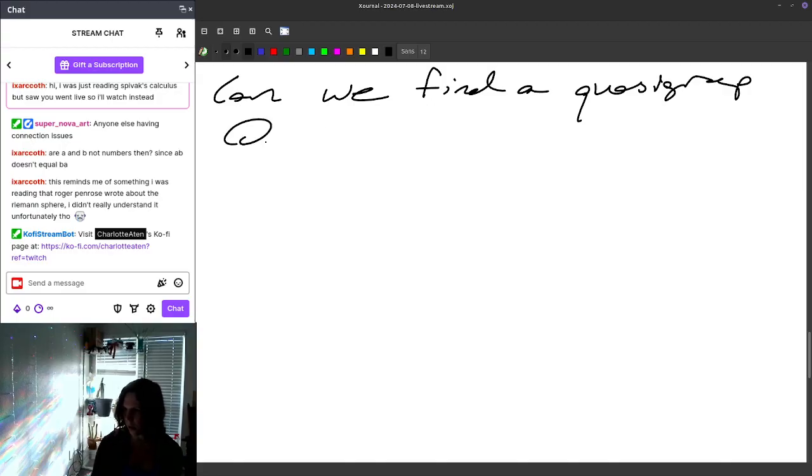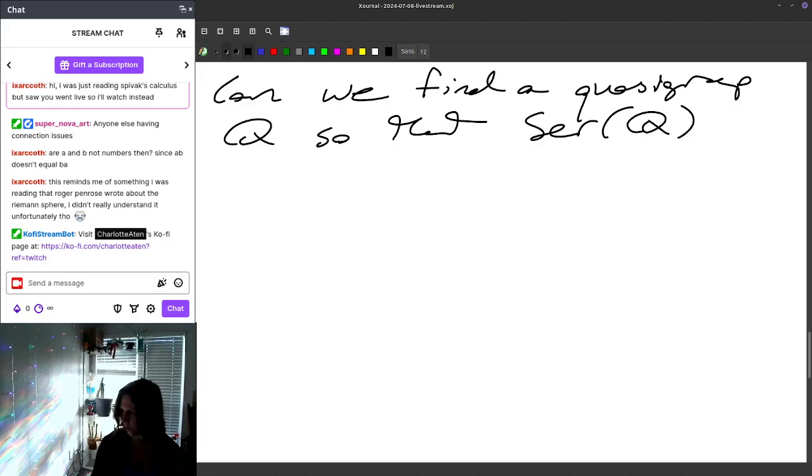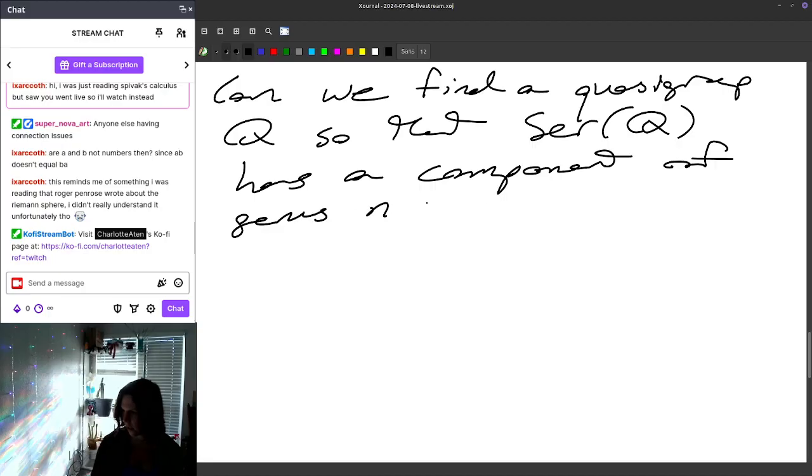Maybe I'll call it Q for quasi-group, so that the serenation of the quasi-group has a component of genus N, for just whatever given N? And the answer to this is yes, we can. And so actually I can do even better than just yes, we can.